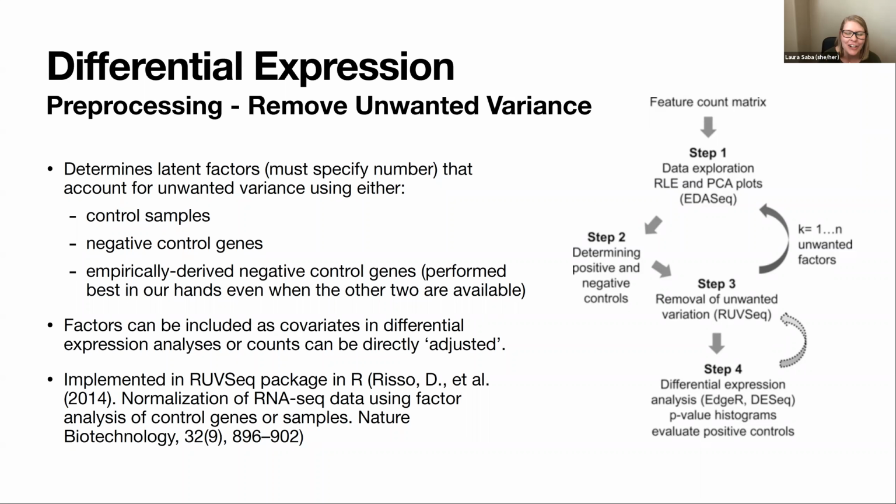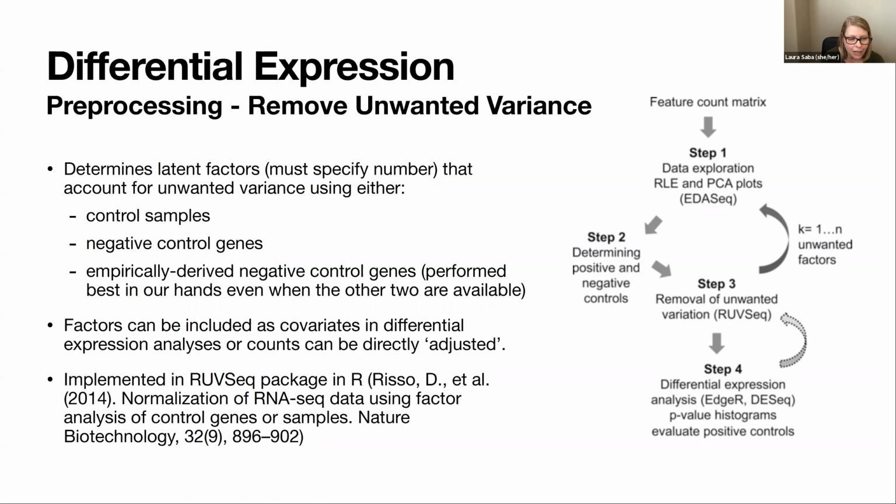What that does is try to identify these latent factors in your data sets to then eliminate those latent factors from your actual statistical analysis. There's a package in R, RUV-seq, where you can identify these factors and then either adjust your read counts or put them directly into your differential expression model.